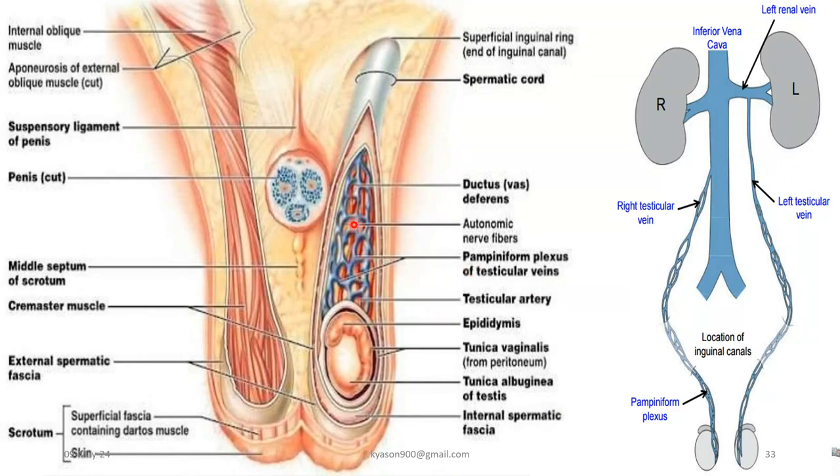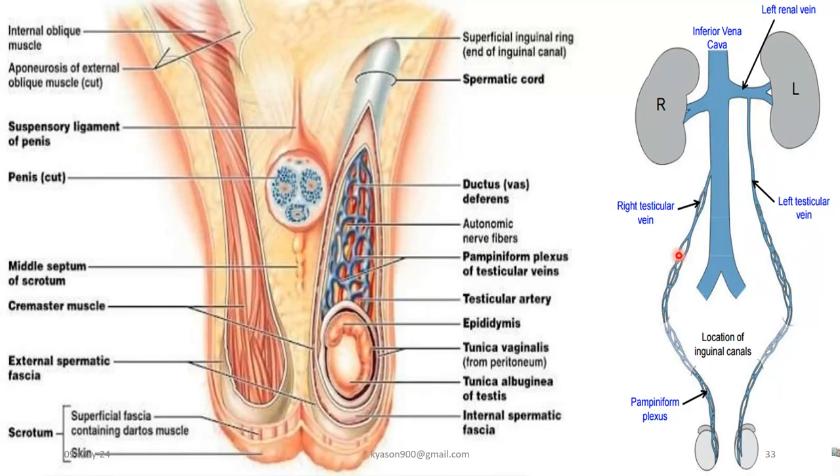All right, so you can see this network of veins. These form the pampiniform plexus. These are going to be drawing blood from the testicle, and they are going to be carrying this blood upwards. They are going to go through the spermatic cord, as you can see, and after exiting the inguinal canals, they are going to merge to form testicular veins.